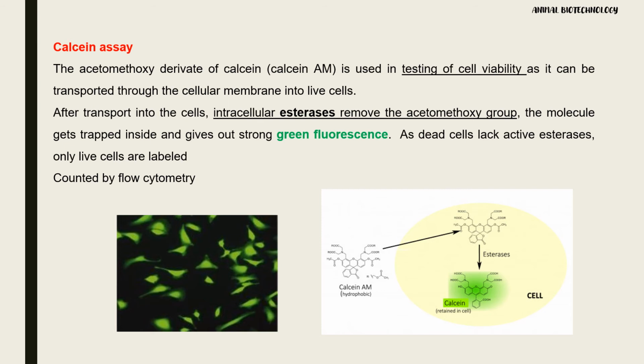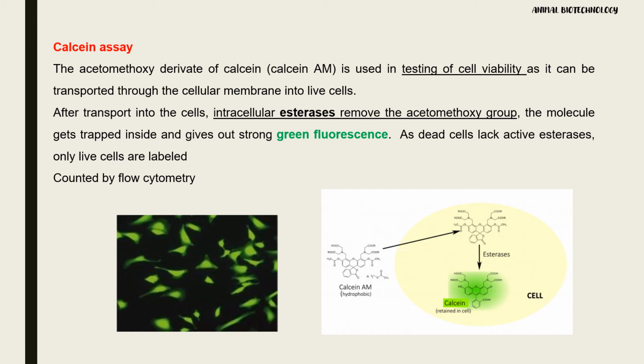Calcein assay. This assay helps to check cell viability. The dye, an acetomethoxy derivative, can be transported through the cell membrane of live cells. In the cells, the intracellular esterase enzyme removes the acetomethoxy group and the molecule gets entrapped inside.